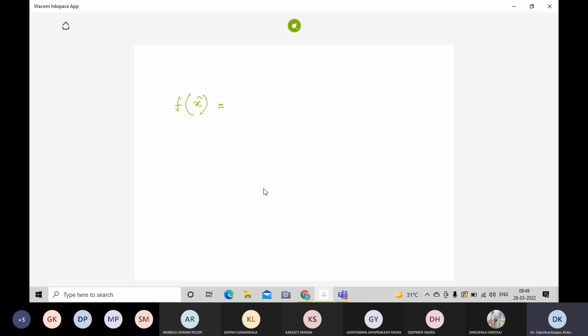So we can write f of x cap equals sign of summation over alpha j yj xj, where xj is making a dot product with x cap, plus bias.